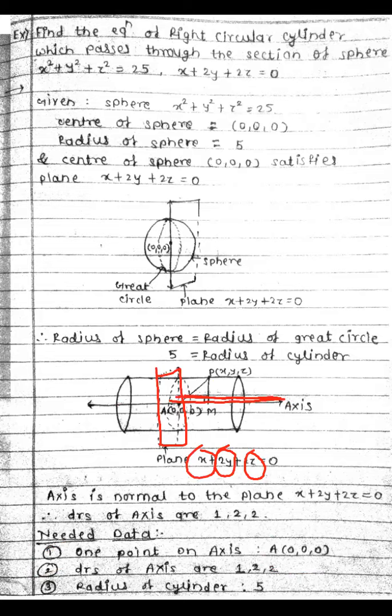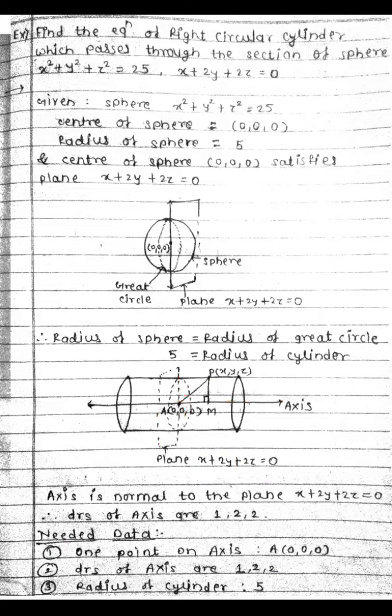Clear, students? If a line is perpendicular to a plane, then the direction ratios of that perpendicular line are always the coefficients of x, y, z in the equation of the plane.